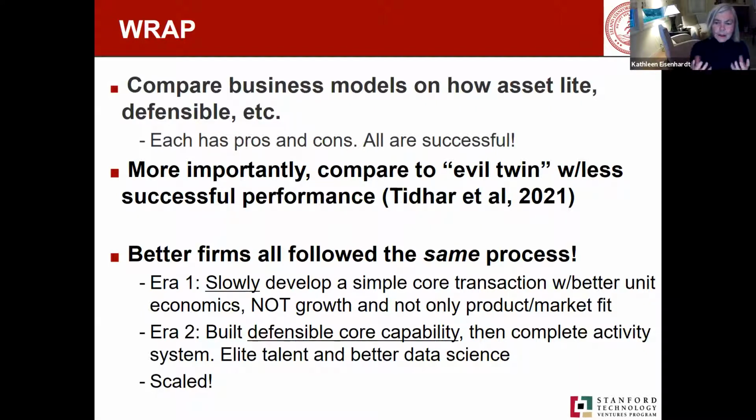That lets us contrast what you have to do within the business model to be successful, but also show that each of the better firms followed the same process. What each of them did was begin with a relatively slow development and learning of a simple core transaction and not focus on growth, as opposed to the evil twins that all focused on growth and product market fit.